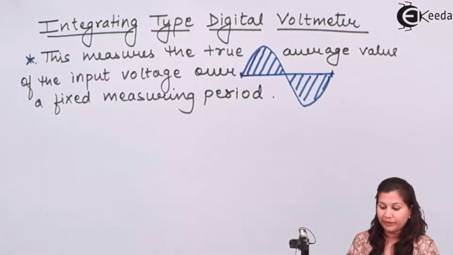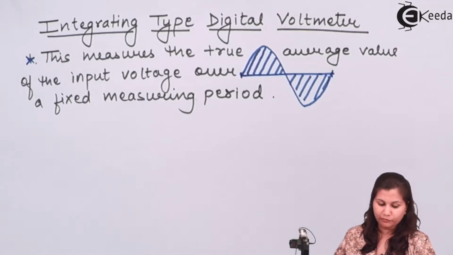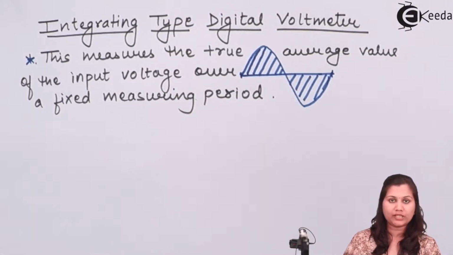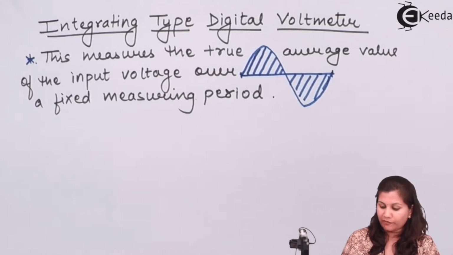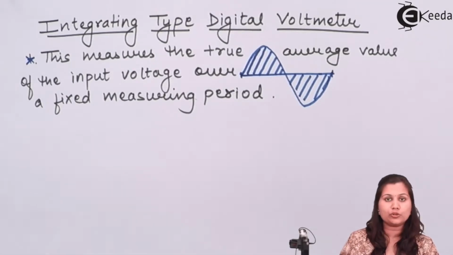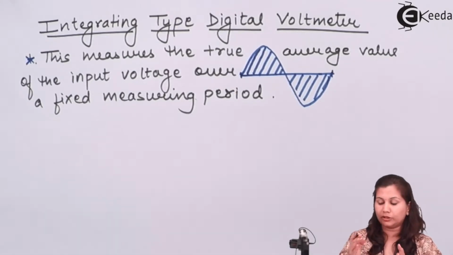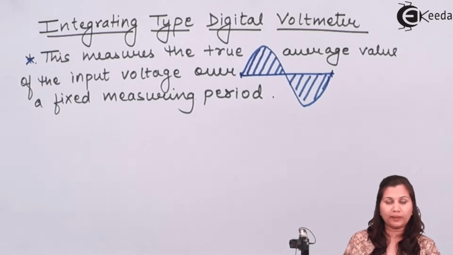In this integrating type of digital voltmeter, an integration technique which uses voltage to frequency conversion is employed. The voltage will be converted into frequency and the frequency will be measured, and the value of that frequency will be in proportion to the value of the input voltage.